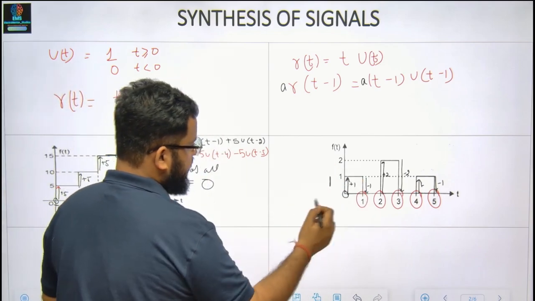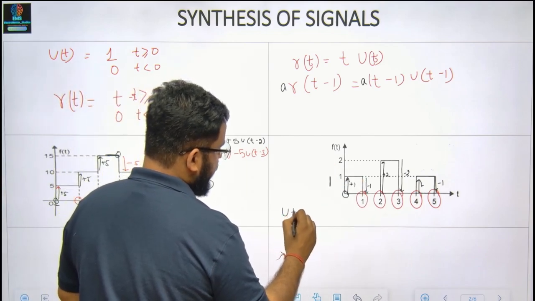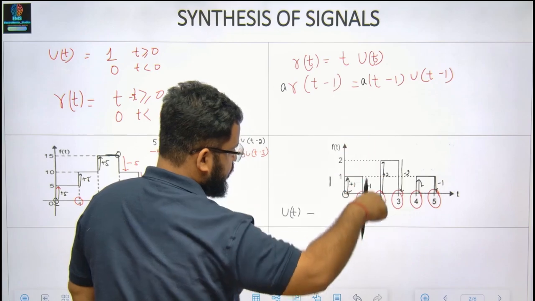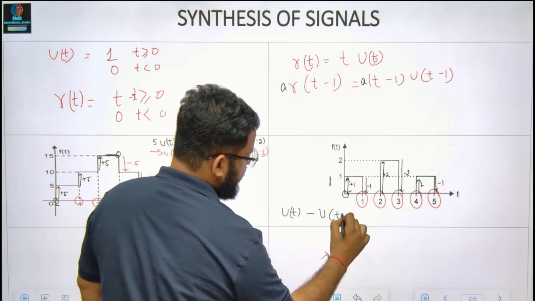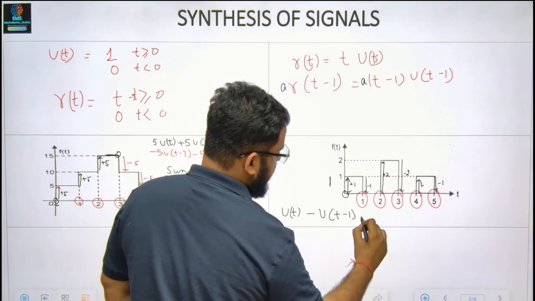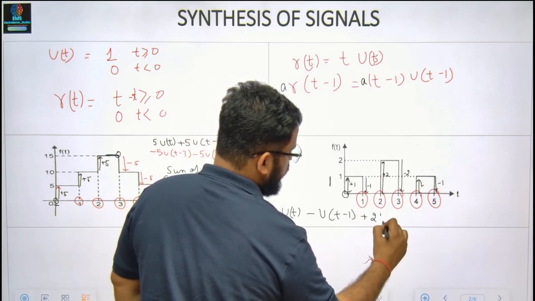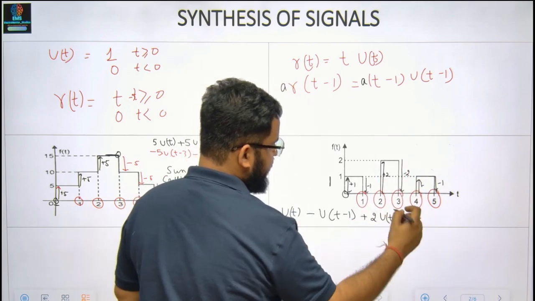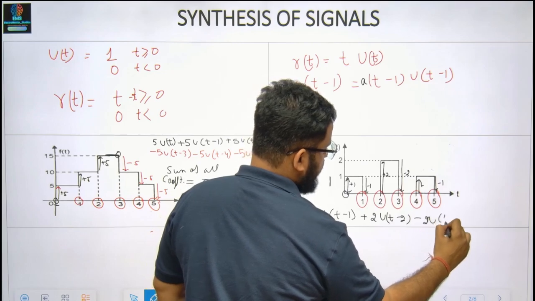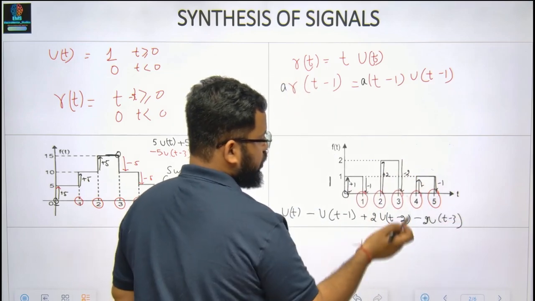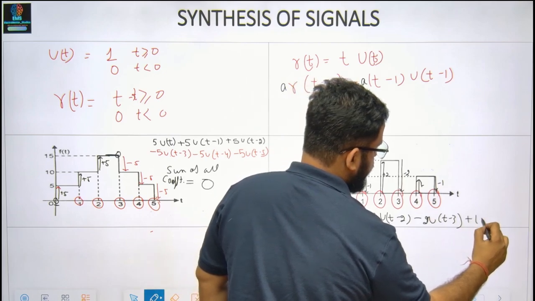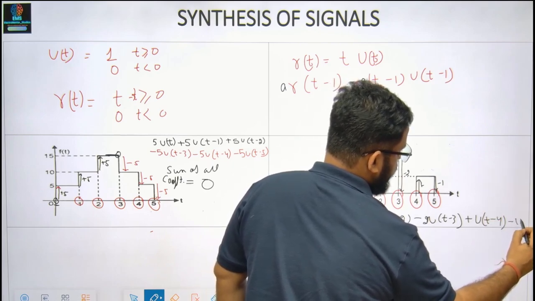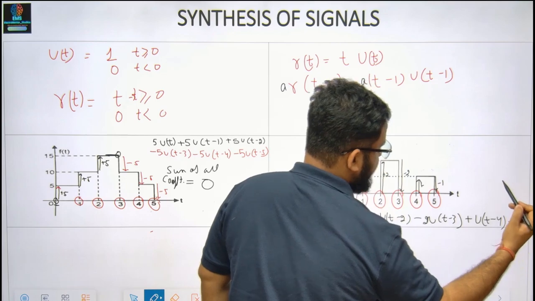So let's start. u of t at 0, minus u of t minus 1 because it is going down, again going up, plus 2 u of t minus 2, minus 2 u of t minus 3 at 3, at 4 going up, plus u of t minus 4, at 5 going down, u of t minus 5.